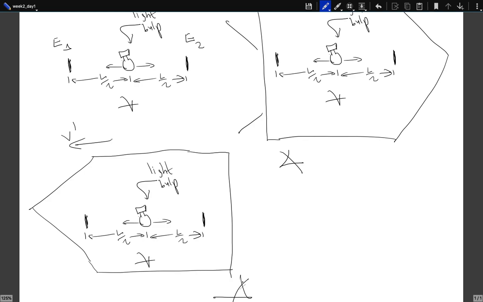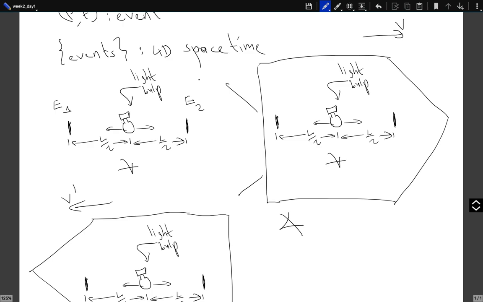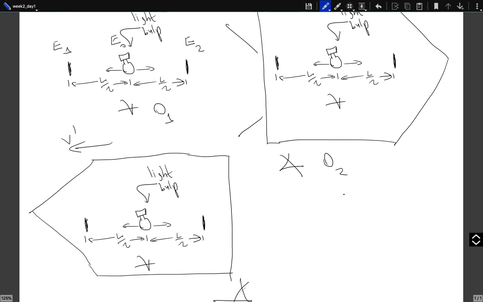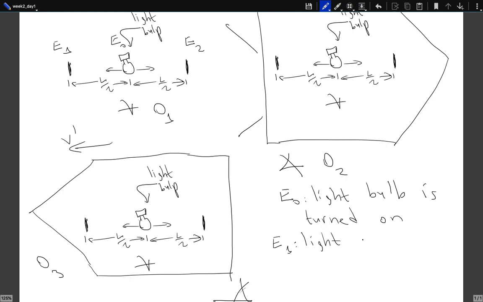But if I would define a 0th event, let's see, this is observer 1, this is observer 2, this is observer 3. So event 0, light bulb is turned on. Event 1, light reaches the left surface.